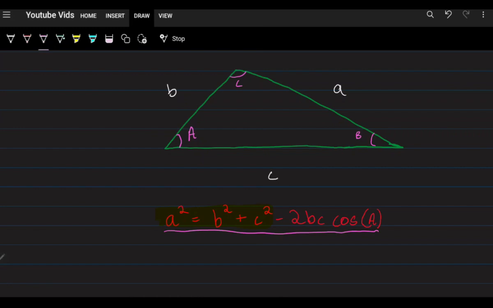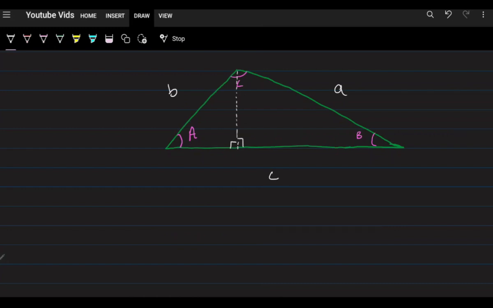We can draw a small line from here like this, and then this will be 90 degrees and this will also be 90 degrees. So we've essentially broken this triangle up into two right angle triangles. And this vertical length, I'll give the notation h, right? And the line C, I'll break this up into two parts.